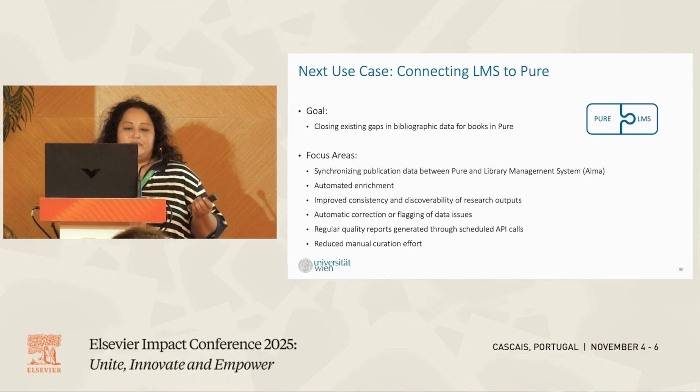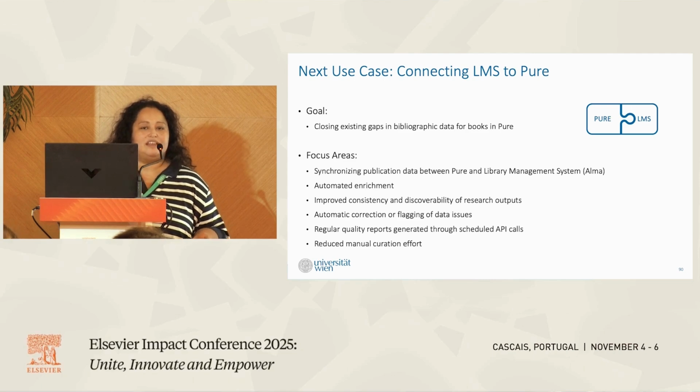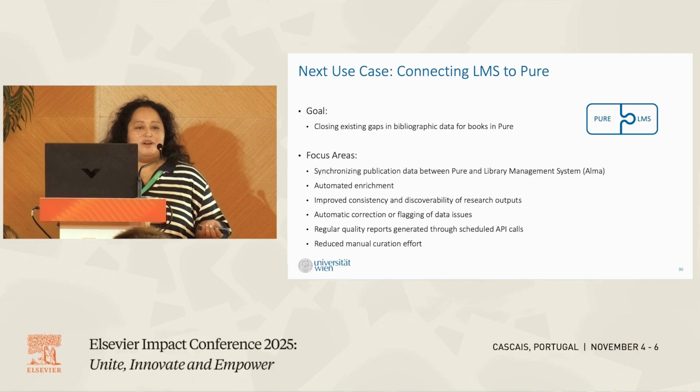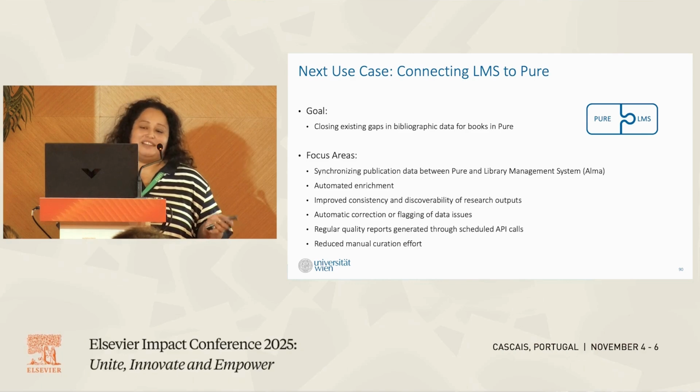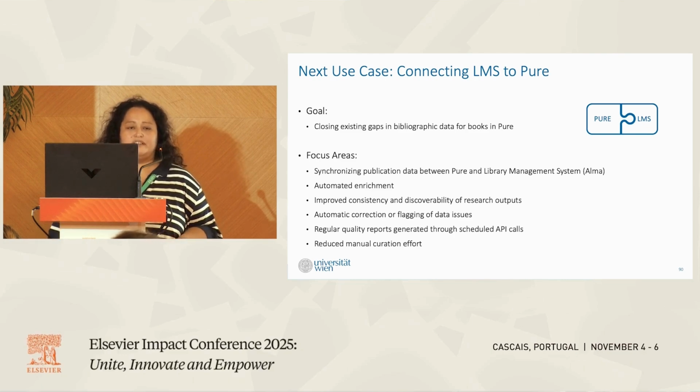The benefit that we have is that the Pure administrator team is located in the university library, so we have that background knowledge. We hope that this will help us to map the two metadata formats so that it will get a little bit easier. And we have a lot of focus areas, and we will have to find out how we will go through it so that we can manage it.